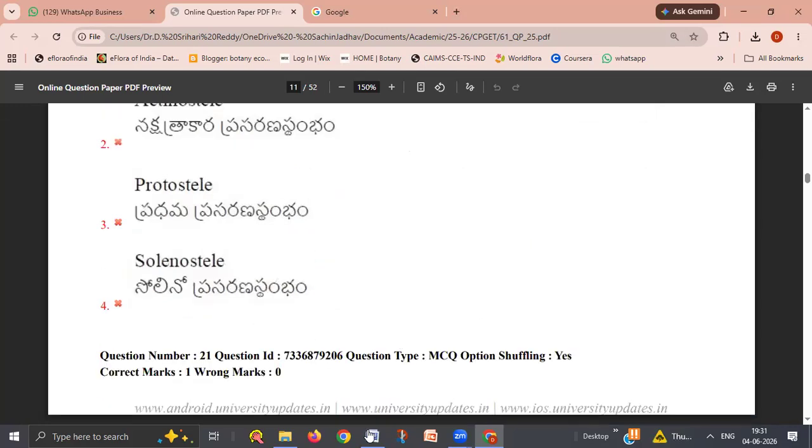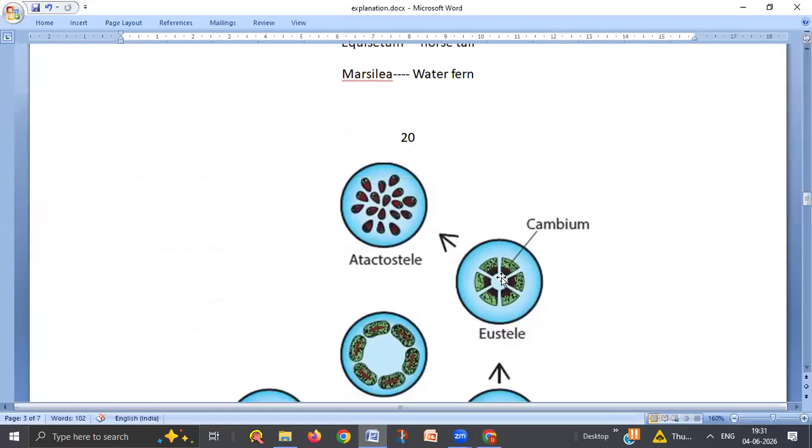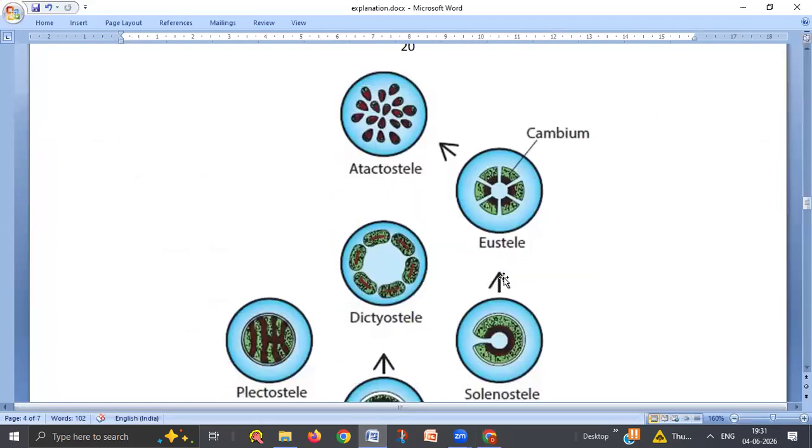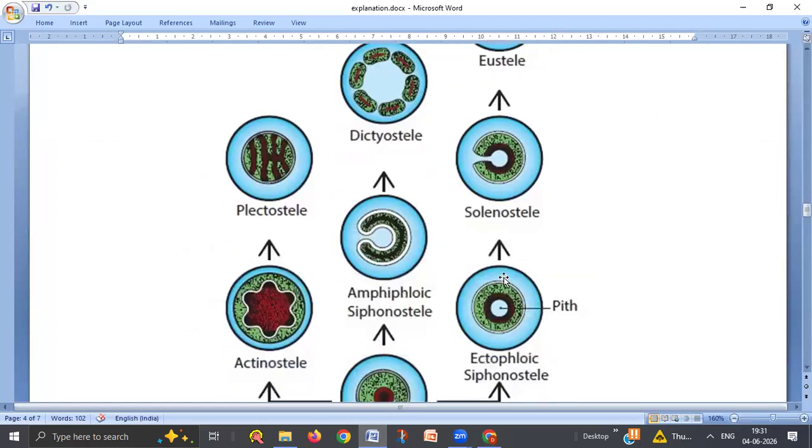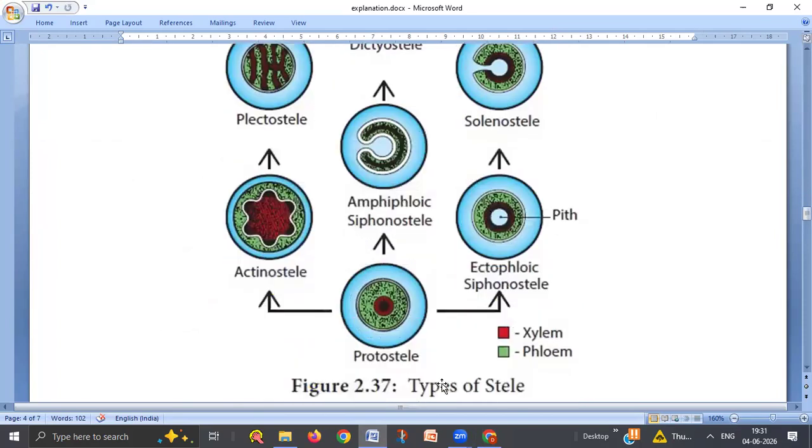Now, once again, I will show you the different kinds of steles here. In Lycopodium, we usually observe what is called protostele. What is protostele? Here there is xylem at the center surrounded by the phloem. There is no pith or medulla at the center.